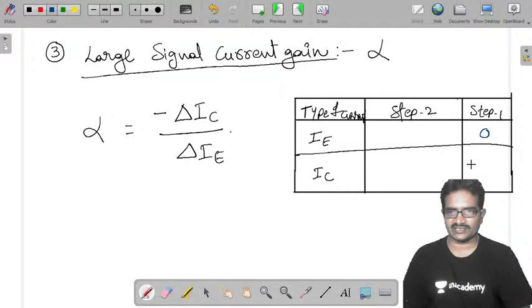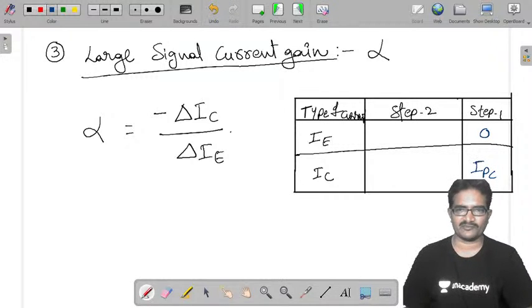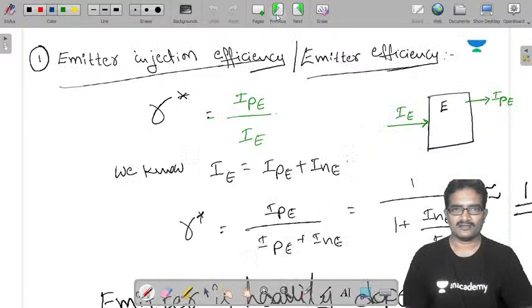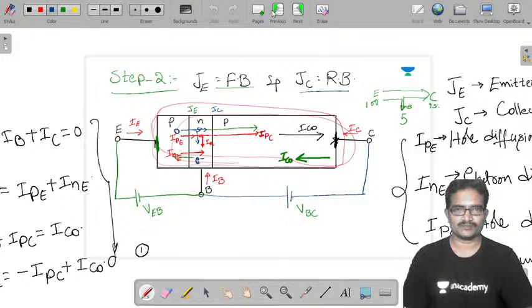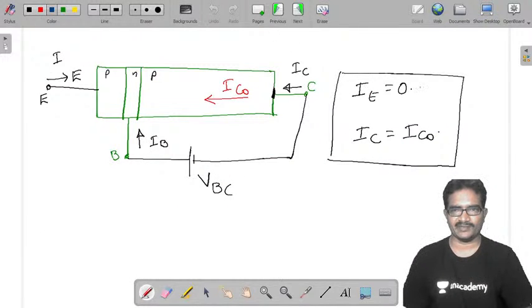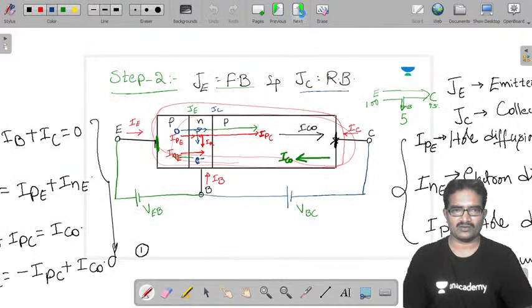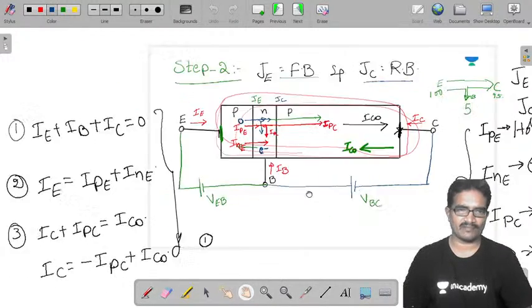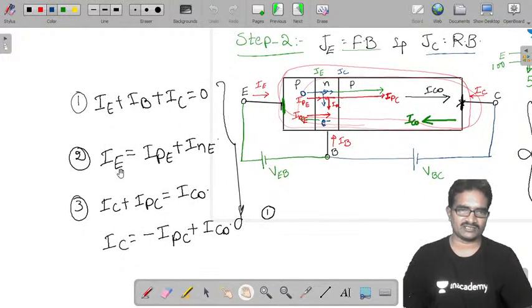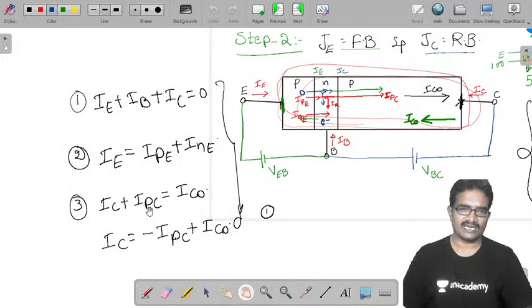From the result of step 1 we got IC is IC naught. Now after the result of step 2, these are the current values. IE not equal to 0, IE having some value, and IC is minus IPC plus IC naught.